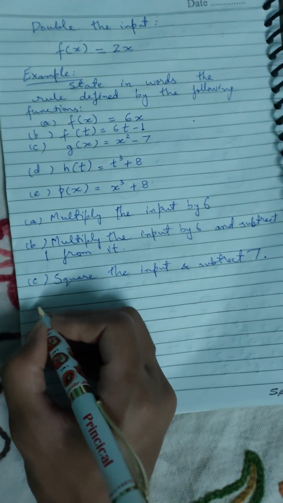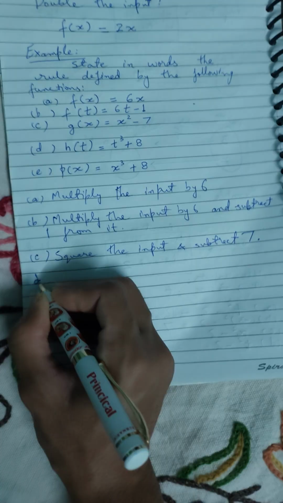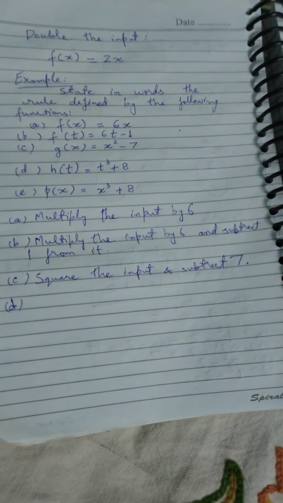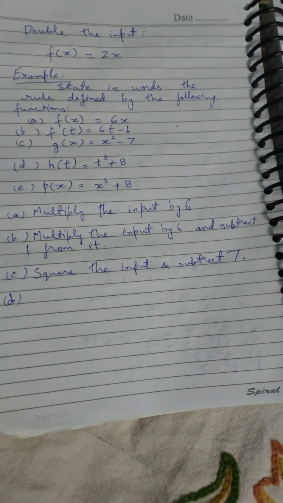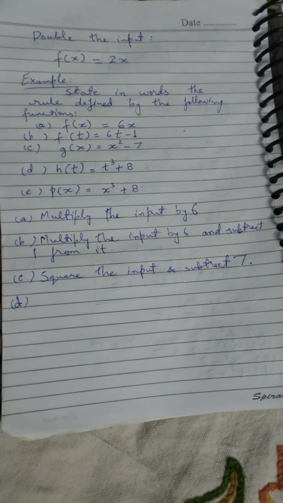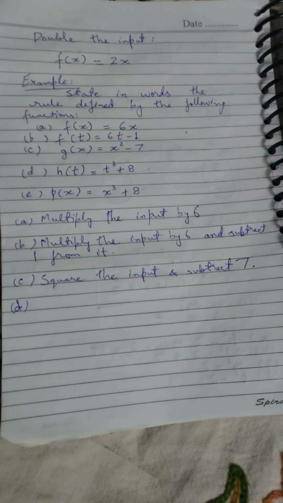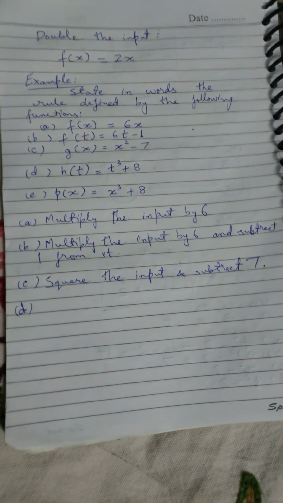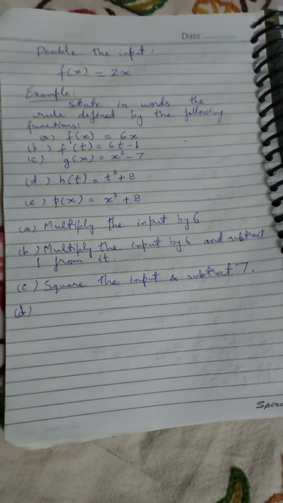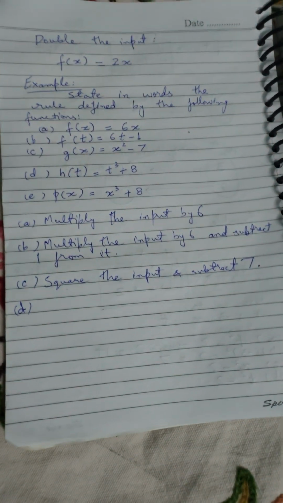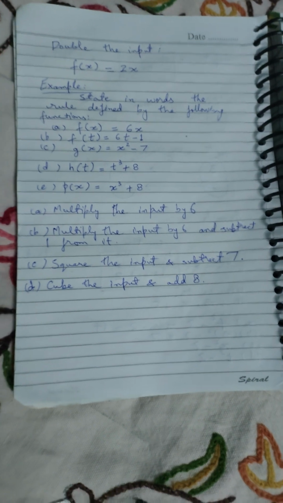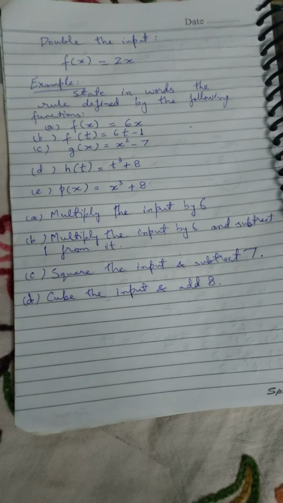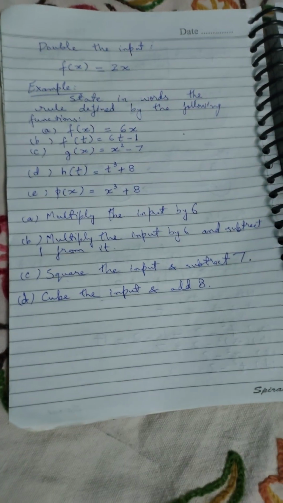Look at part D. This is very easy. The function is h, the input is t. What's the output? It is cube this input and then add 8. So here the function was h and the input was t, and the output was cube the input and add 8.